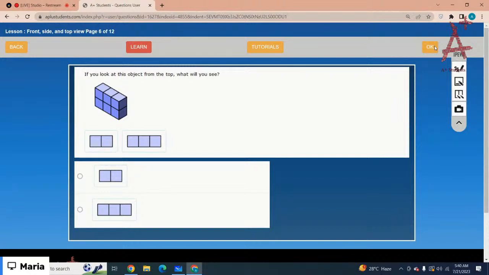If you look at this object from the top, what will you see? You can see from the top the one with a single row, so that would be the second option.